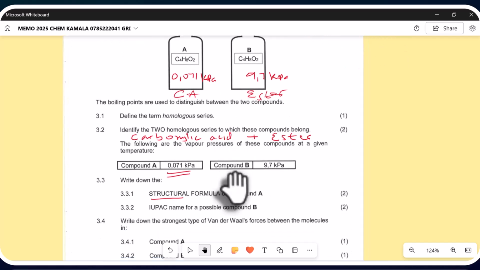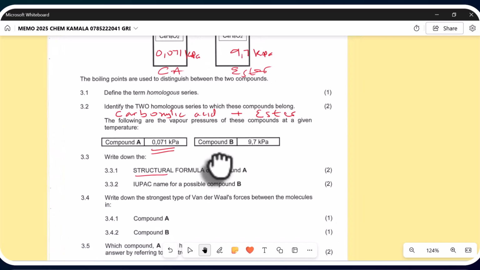So the possible answer could be ethyl ethanoate.